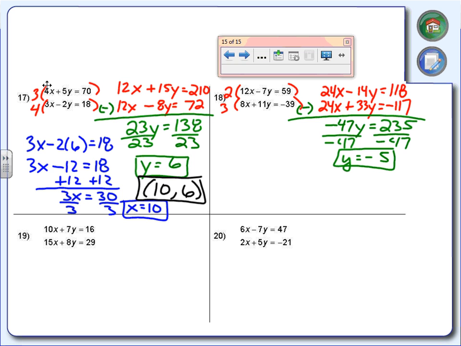We're going to take that negative 5 and we're going to go back and substitute it into one of these equations. I guess I'll use the second equation. So let's go ahead and multiply. 11 times a negative 5 is a negative 55. Add 55 to both sides.